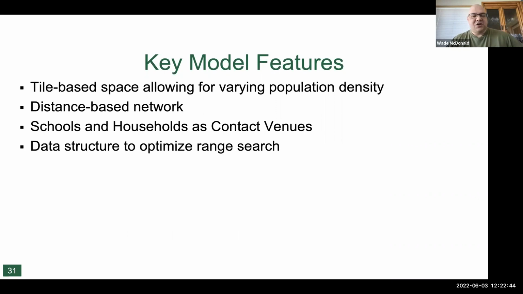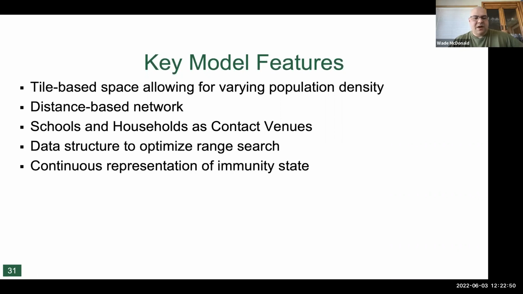We implemented a data structure to optimize range searching, and I'll say a bit more about that later. And it had a continuous representation of immunity state, where a person's immunity would wane over time and the severity of their infection would depend on the infection level of the exposure as well as their own immunity level.